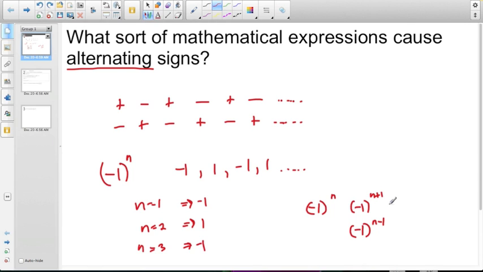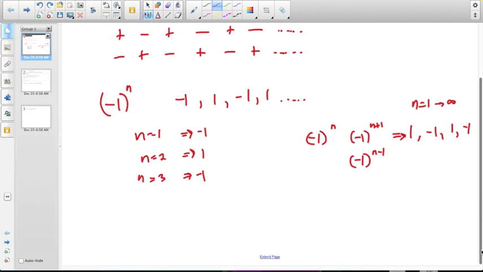So starting here for an n value of 1, we could start here with the first value being a positive instead of a negative, where this first value started with a negative. So if we start at n equals 1 and go to infinity, we could start off with a positive value that way. So those are 3 really popular alternators. We've got this one and these as well.